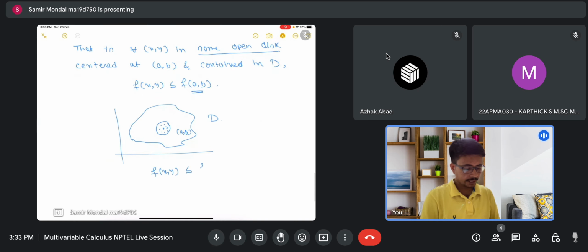Then we say that f of x, y has a local maxima at the point (a, b). Take this disc and name it I, for all (x, y) belonging to I. It's fine.